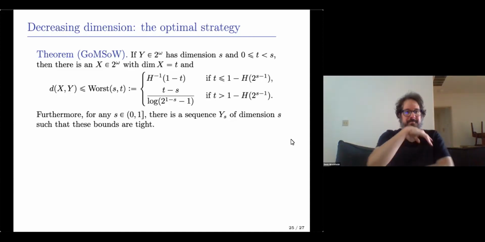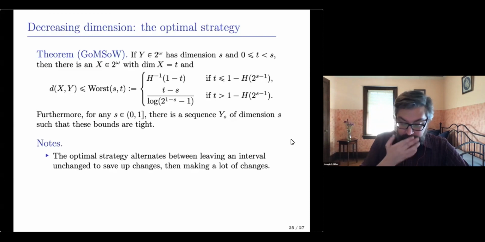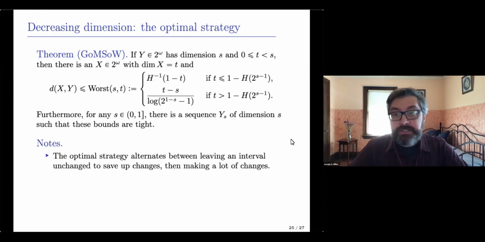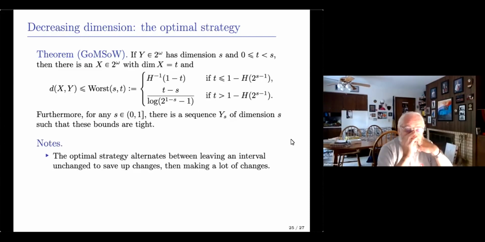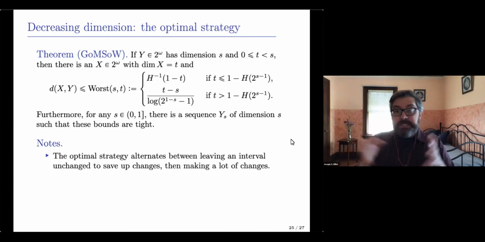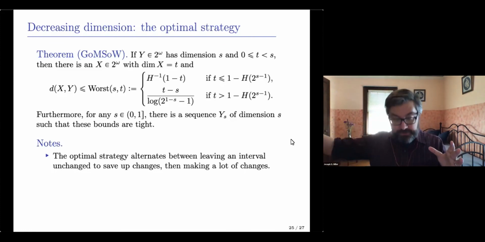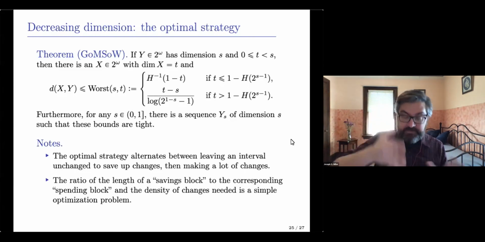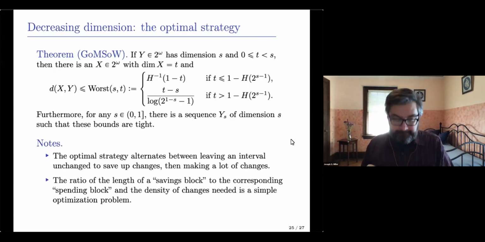Well, very quick sketch. The strategy that lets you actually do the reduction better than the worst case alternates between leaving intervals unchanged and saving up some changes that you can use later, and then making lots of changes later. So you have this savings block and a spending block.